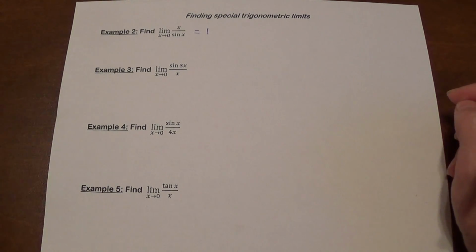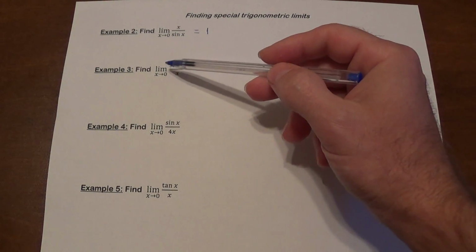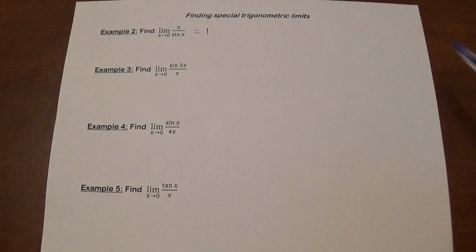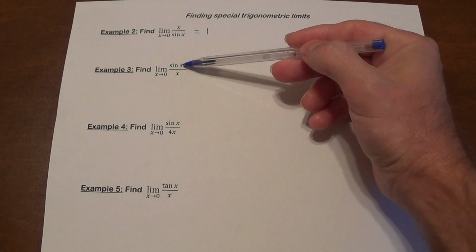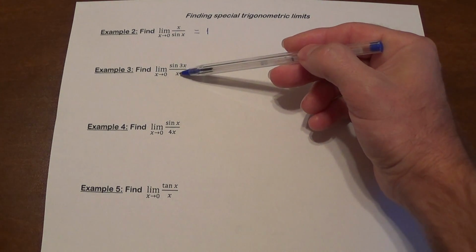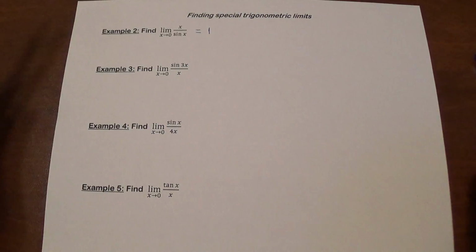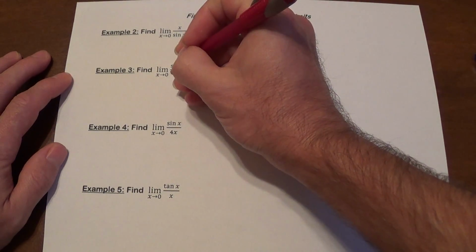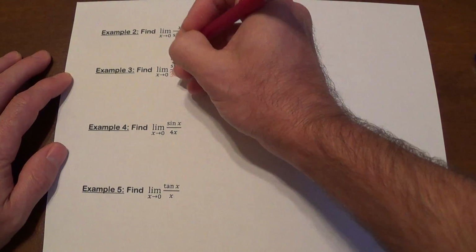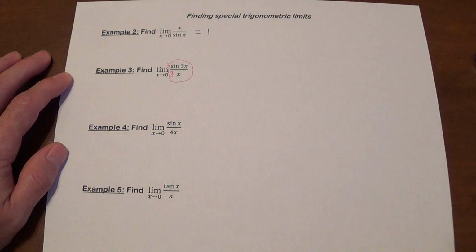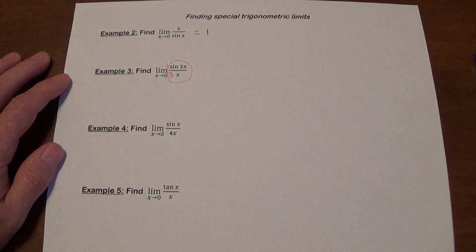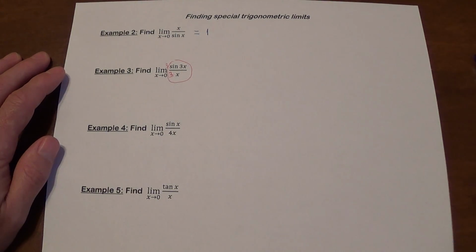But what do you do when you have problems like sine 3x divided by x as x approaches 0? This does not match. This here says 3x, this has just 1x. The way we normally do it is we multiply the bottom by 3 and multiply the top by 3. We want the same argument, so we want sine 3x divided by 3x.